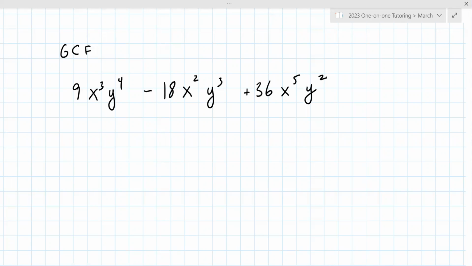You don't have to factor this. I just want to see if you can tell me the GCF first. Probably should have said that. Sorry. The GCF is 9 x squared y squared. Yes.